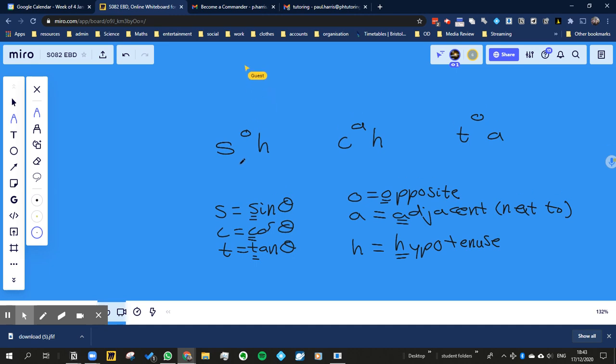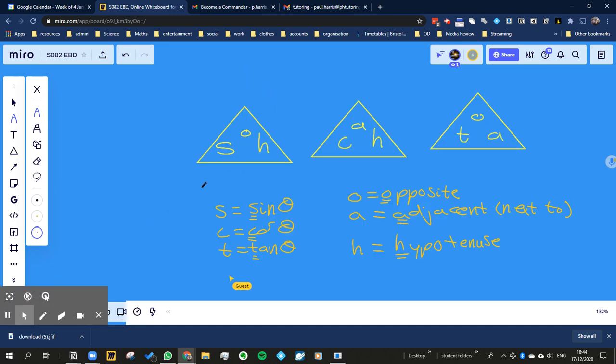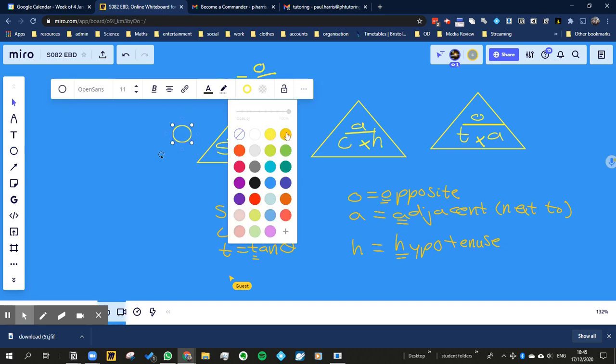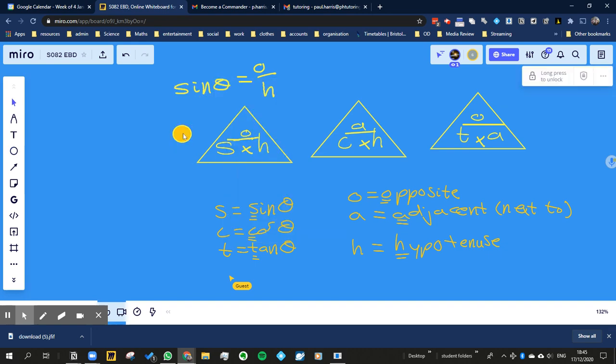Now let's actually draw a triangle around each one of these. All right. So there's our triangle. So basically, the top one would be for the divide, and these two would be multiplied. So what this is saying is that the top one is saying that sine theta is equal to opposite over hypotenuse, or by rearranging it, so if it's on a piece of paper, then you would put your thumb over it, but we can do the same over here.